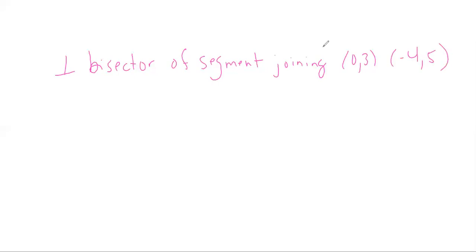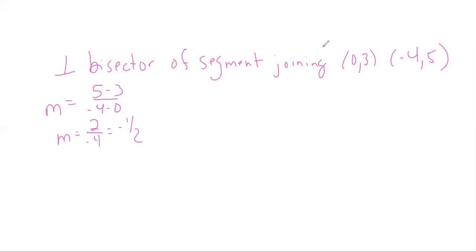The first thing we have to do is find the slope. So m equals 5 minus 3 over -4 minus 0. So m is equal to 2 over -4. So the slope of this thing is -1/2.